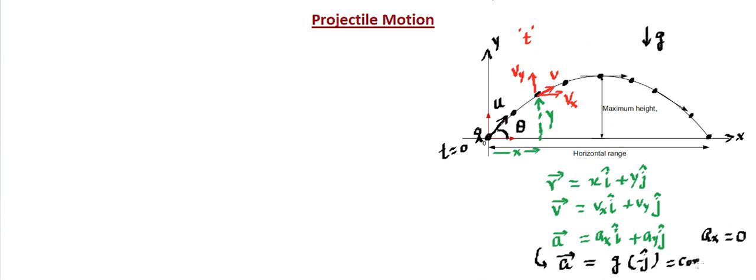So we can use all those equations in which acceleration remains constant. For the constant acceleration case, we can use all those equations that we have simplified earlier. Now let's try to write the equations of motion so that we can get x, y, and so on. So let's say I am writing the equations of motion for this case.